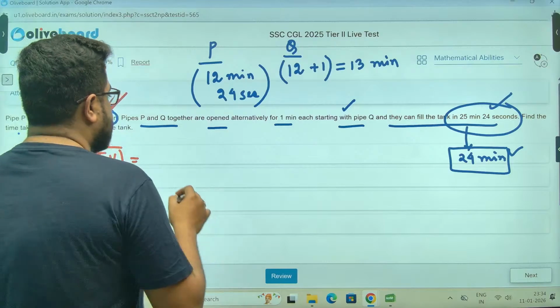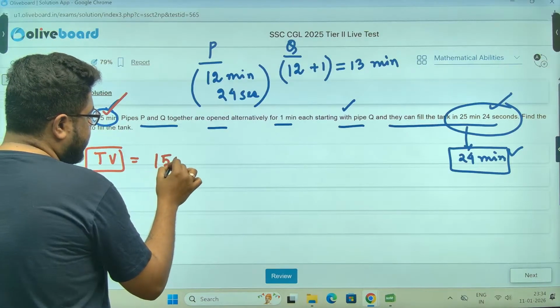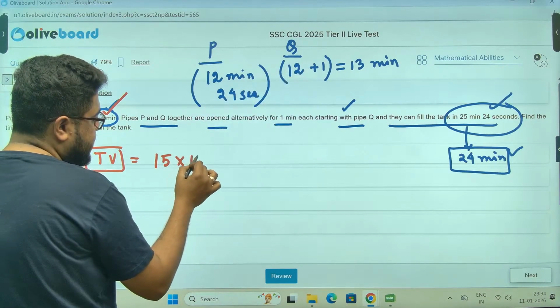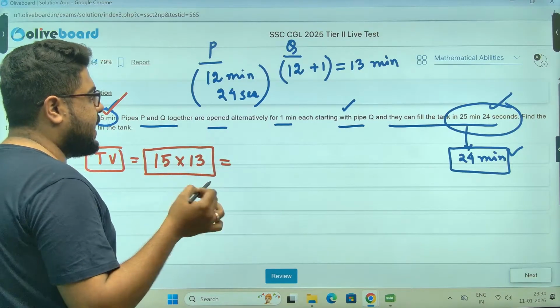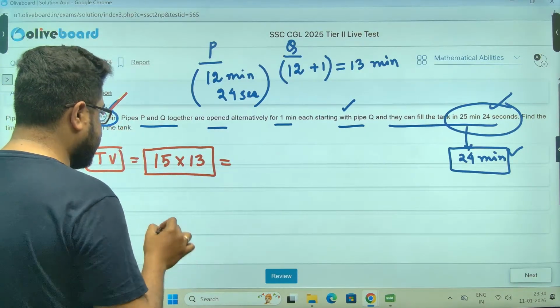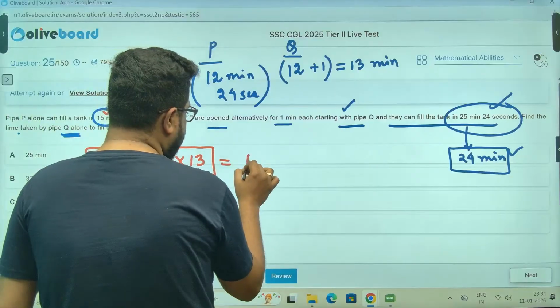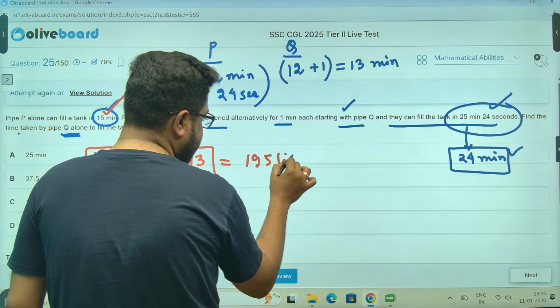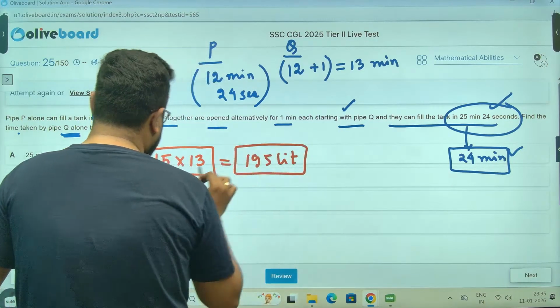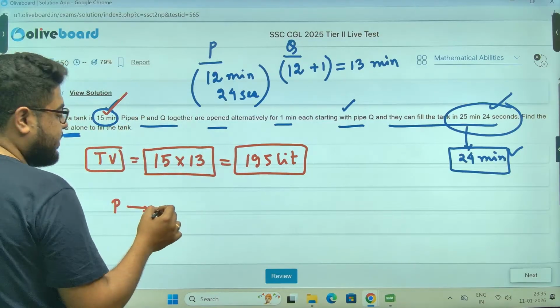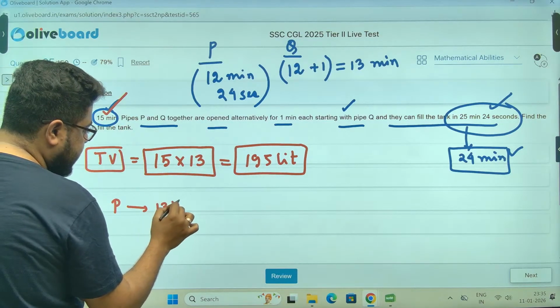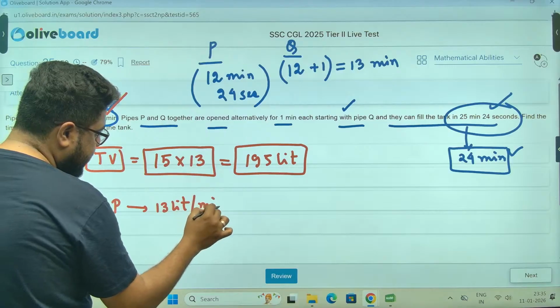So I am taking 15 into 13 so that I don't get any fraction. Still, I can get a fraction. I don't know, sir. 195 liters. Sir, efficiency of P will be 195 liters in 15 minutes, meaning, sir, 13 liters per minute.